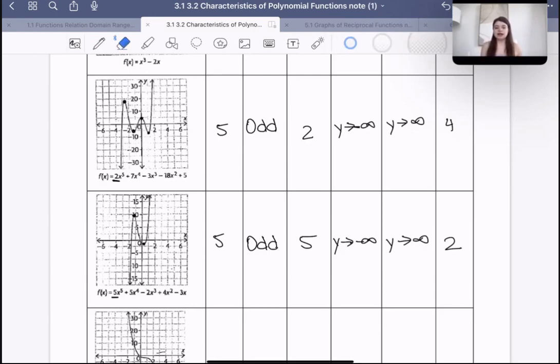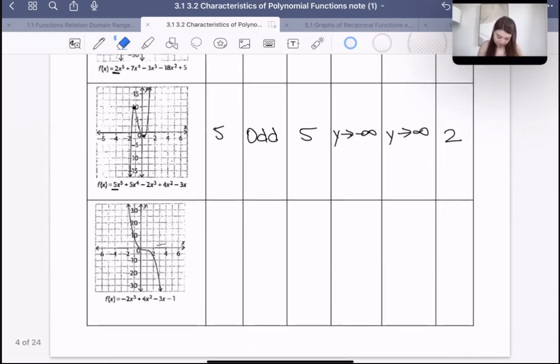But for today, we're just going to look at the graph and recognize there's only 2 turning points, and write down 2 rather than 4, which is what there normally would be for a degree 5 polynomial.